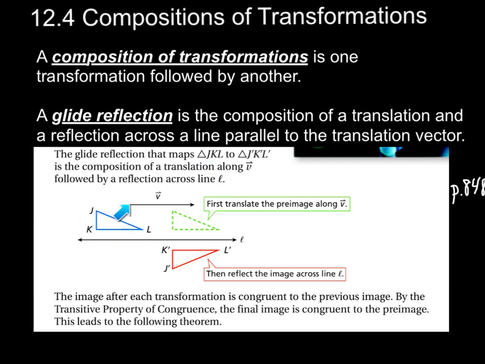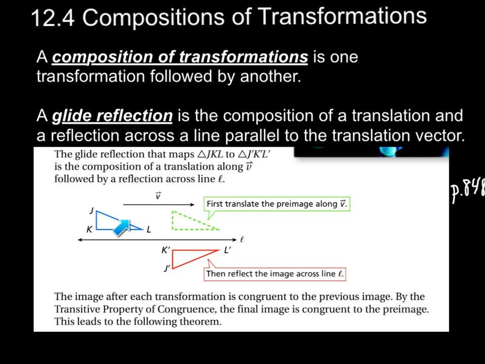We start with triangle JKL. We first translate the pre-image along a vector. So basically, we slide it, and notice the vector here, we slid it in a certain direction. If we slid it to the right, we then have to reflect it over a line that's parallel to the way we slid it.